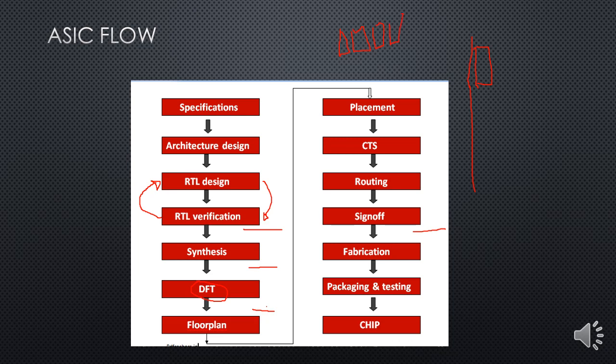We have instantiated 4 such macros. Now, suppose this is my complete chip. We need 4 MB of cache, so where do we need to place this 4 MB of cache? That is what we call the floor plan.